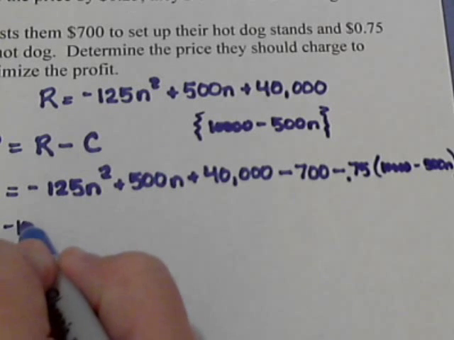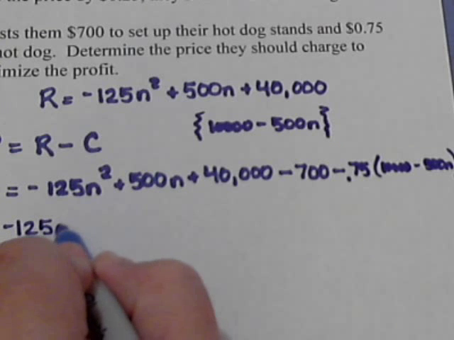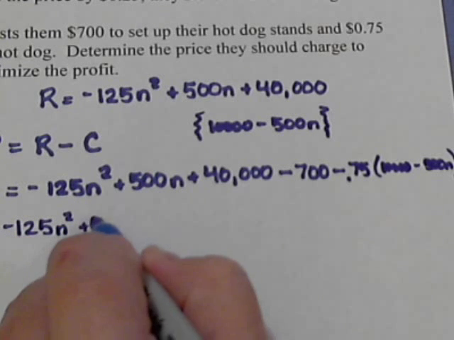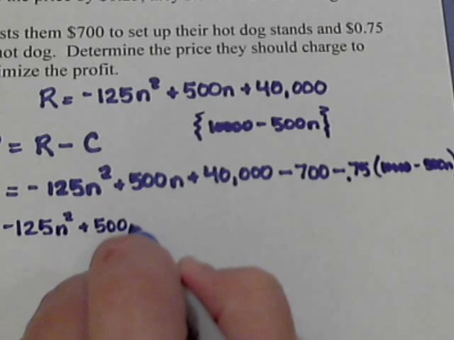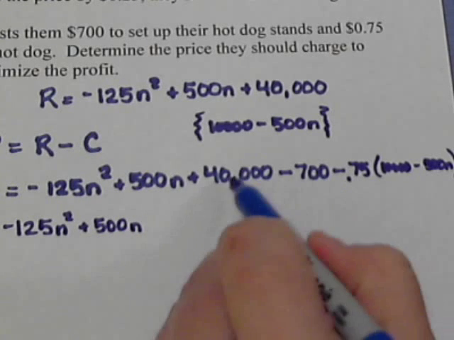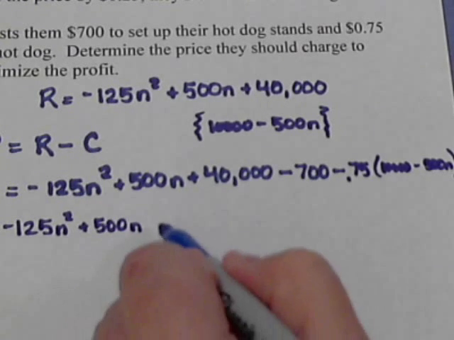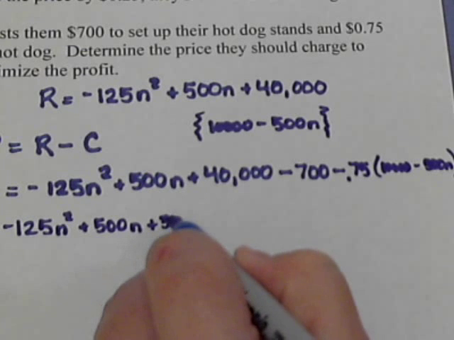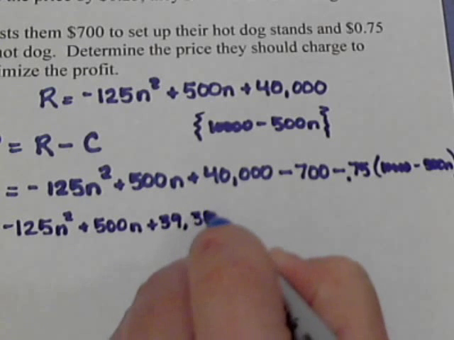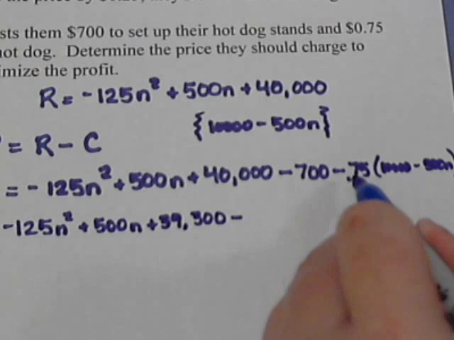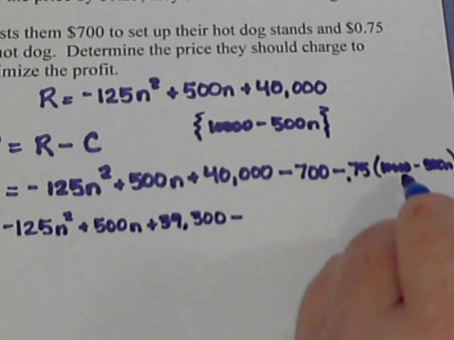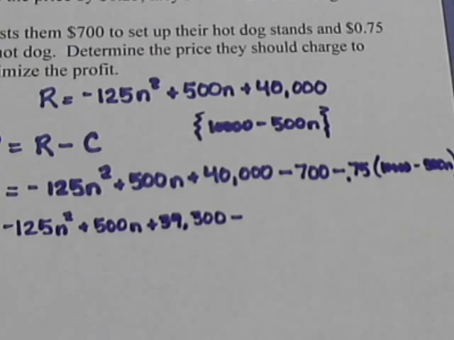Okay, so let's simplify and calculate what we've got. We've got negative 125 n squared plus 500 n. Let's go ahead and combine these. 40,000 minus 700 leaves us with 39,300. Okay, minus 0.75 times 10,000.